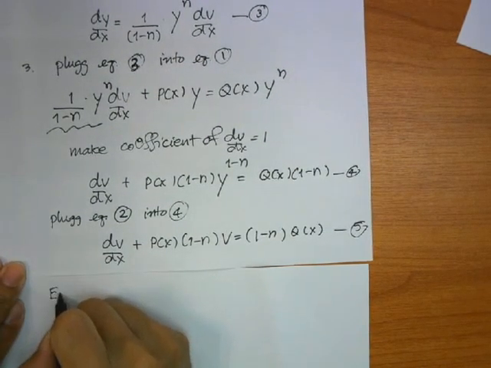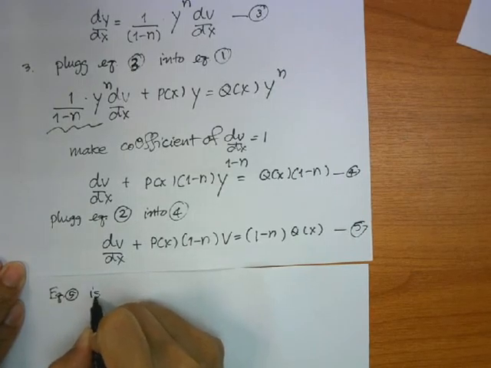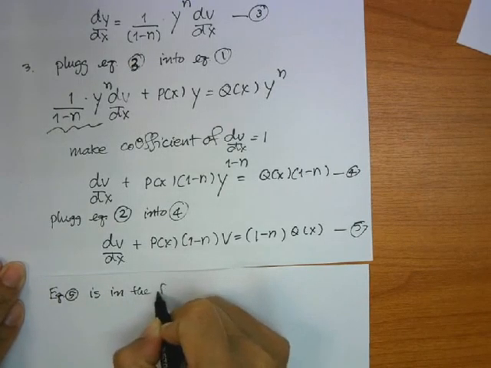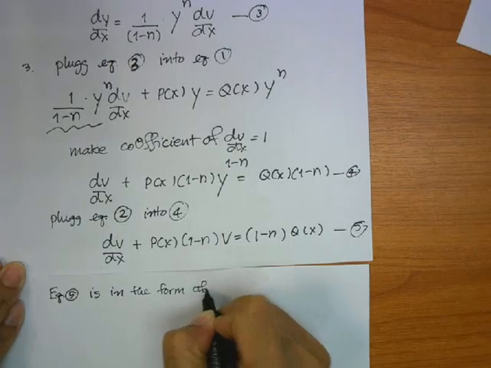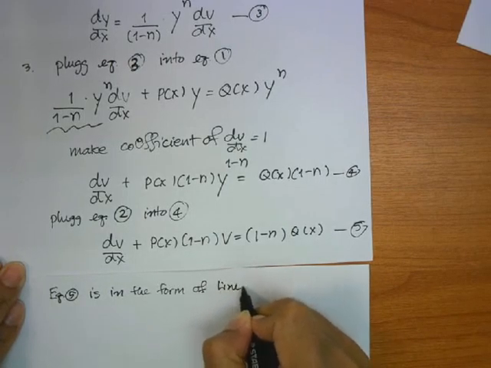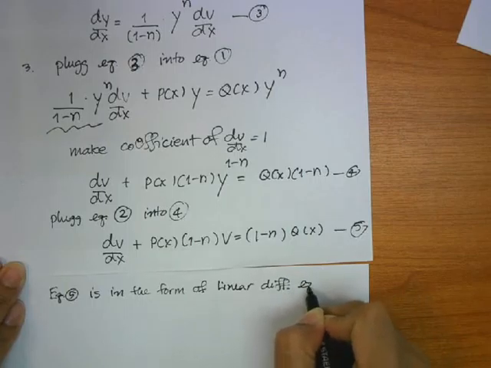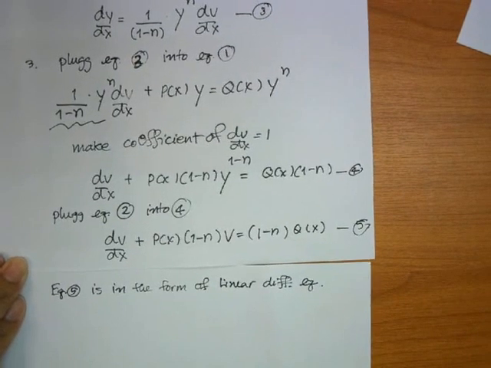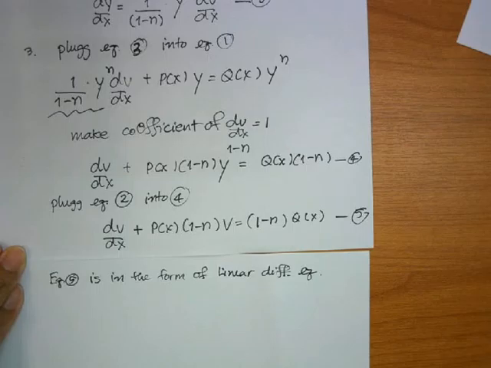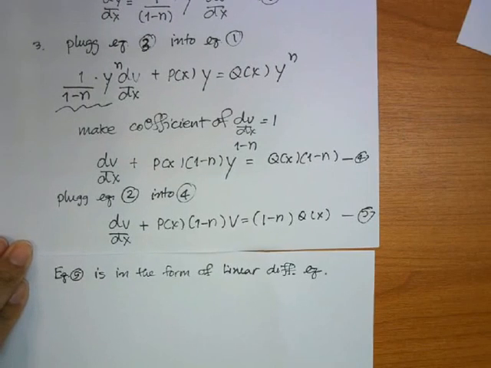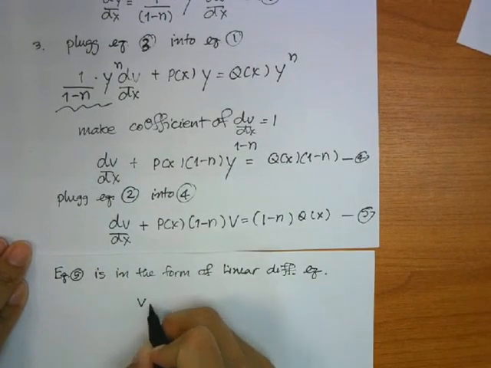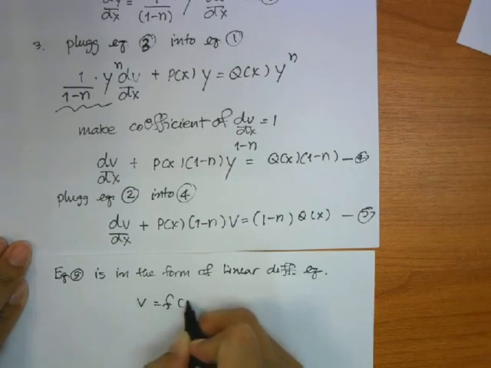Equation 5 is in the form of a linear differential equation. So we would use the technique of finding the solution for a linear differential equation to find the solution. And then you would get v as a function of x.